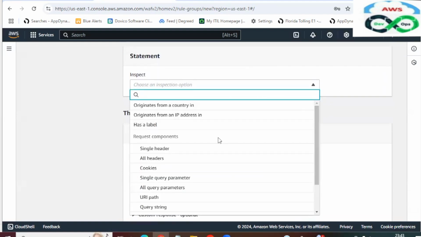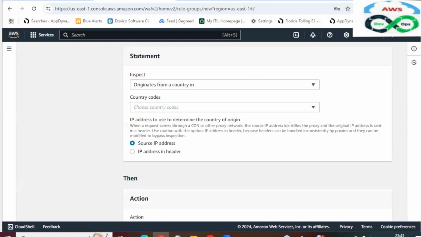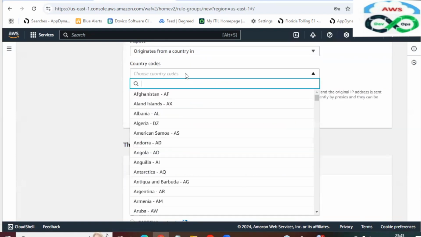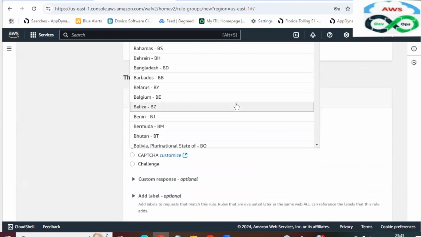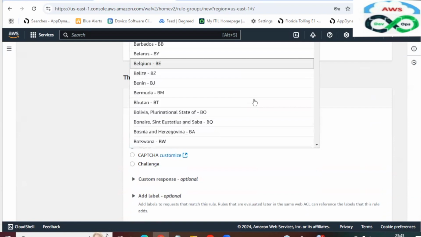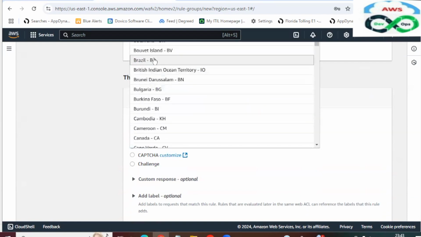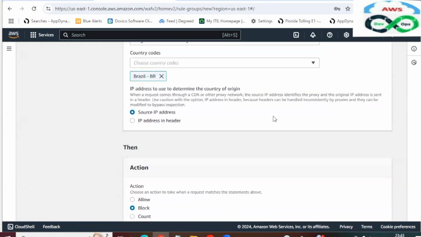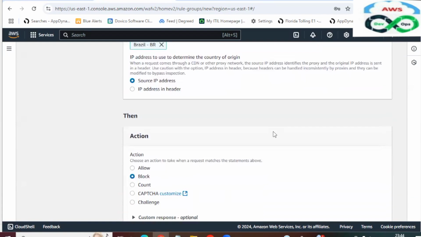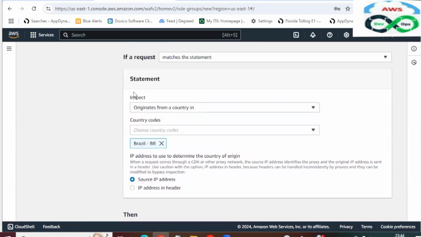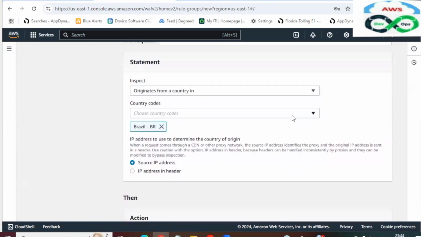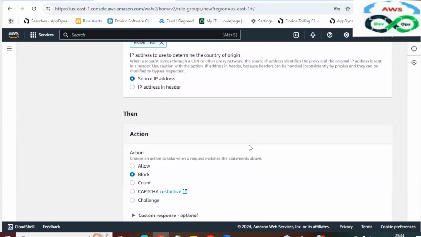Under that, we have inspect, and in inspect, we have originates from a country, right? So here we need to select from which country we need to block the traffic. So let's say I want to block the traffic from Brazil, right? So now the action is block, correct? And the country I have selected here under inspect is basically Brazil.